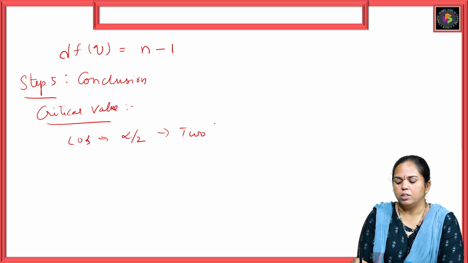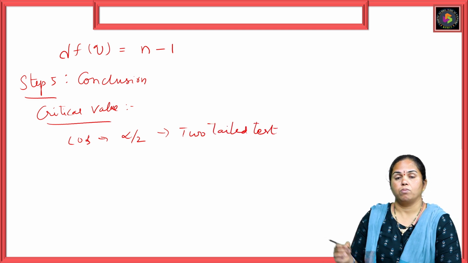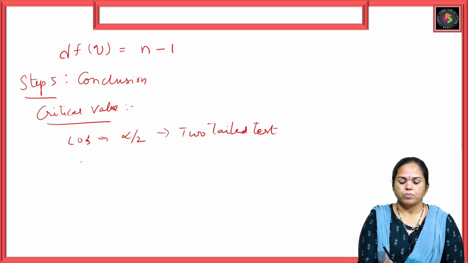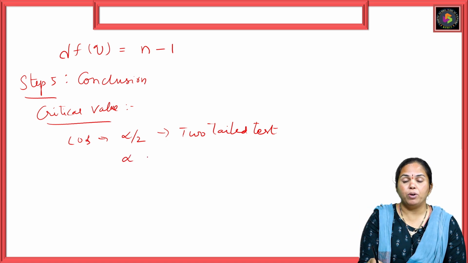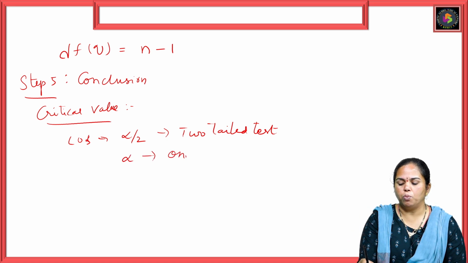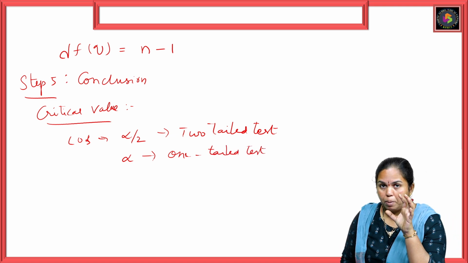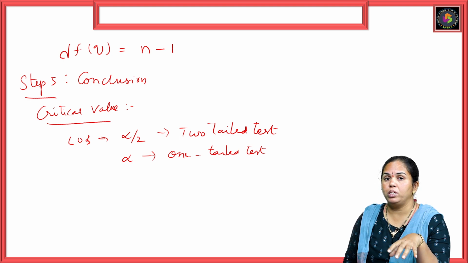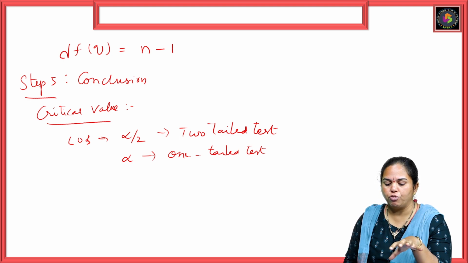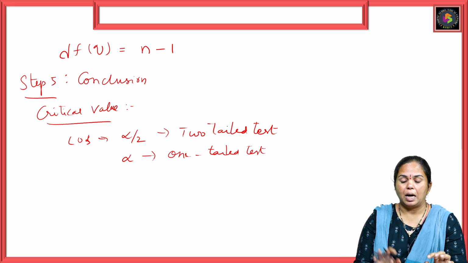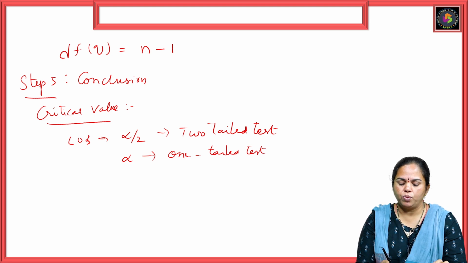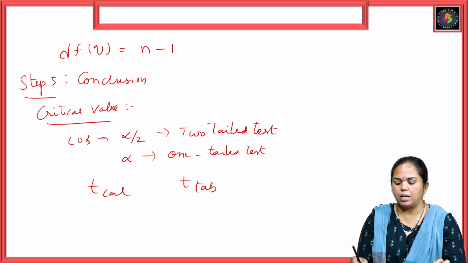For a one-tailed test, it will be only alpha. So depending upon the tails and degree of freedom, we find the tabulated value, and here also we compare the calculated and tabulated.